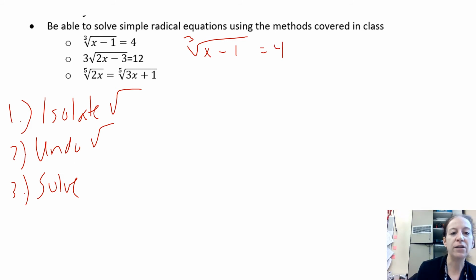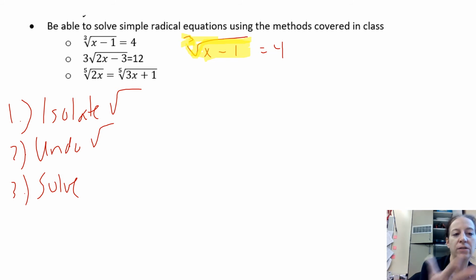Isolate the radical means you get the radical all by itself on one side of the equal sign. The radical involves the index, the actual radical symbol, and the radicand, anything that's under it. On this one, there isn't anything else over there, so the first step is actually done.